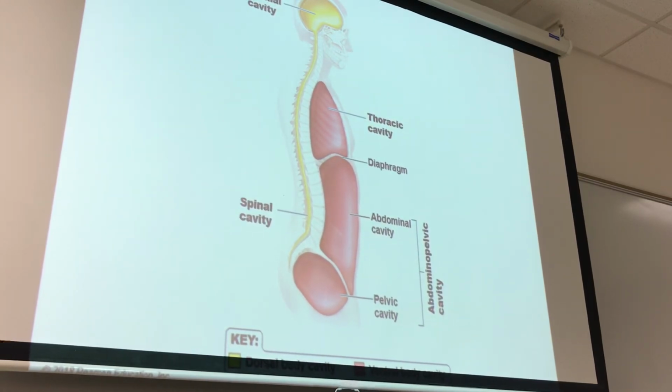What are some of the organs that only females have that are found within the pelvic cavity? Uterus, ovaries, fallopian tubes, cervix, vaginal canal. All those are female-related organs that are found only in the pelvic cavity. As for the men, in the pelvic cavity: prostate, vas deferens, the majority of our urethra, all found within the pelvic cavity for the gentleman.